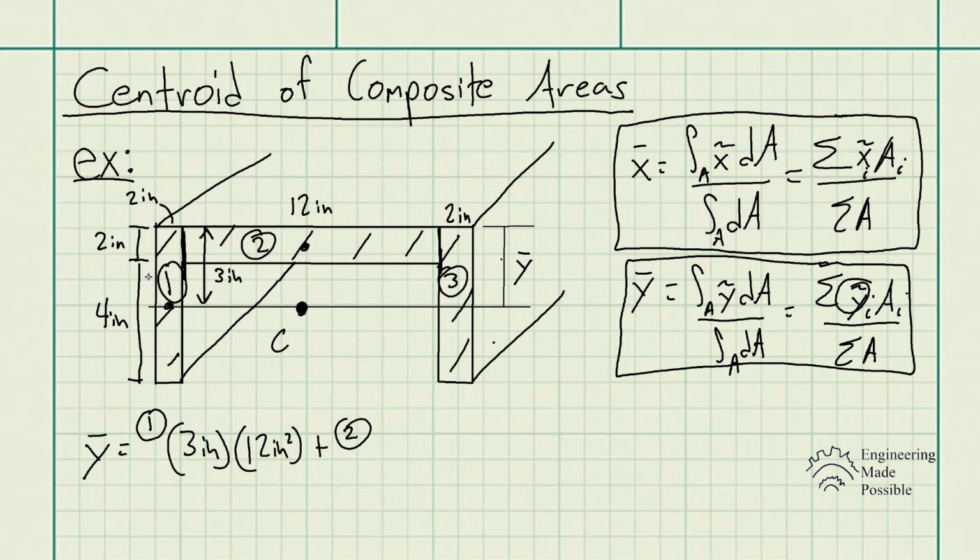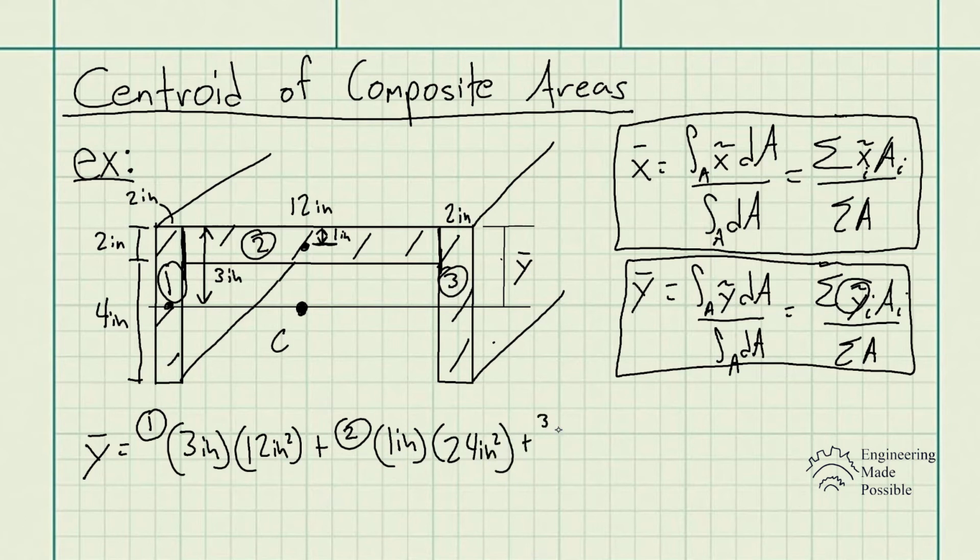The height of this rectangle is 2 inches, so it's going to be 1 inch from the top portion. So 1 inch will be our y bar here, times the cross-sectional area of this rectangle, which is 12 inches times 2 inches, so 24 inches squared.